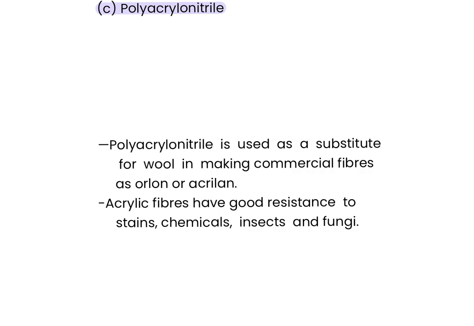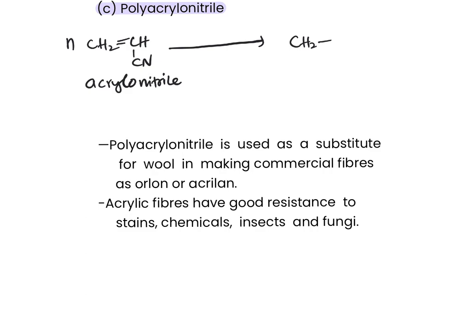Next, another important polymer is polyacrylonitrile. This can be prepared from n number of CH2 double bond CHCN. This is called acrylonitrile. This is a common name. Then it undergoes polymerization and converts into CH2 single bond.